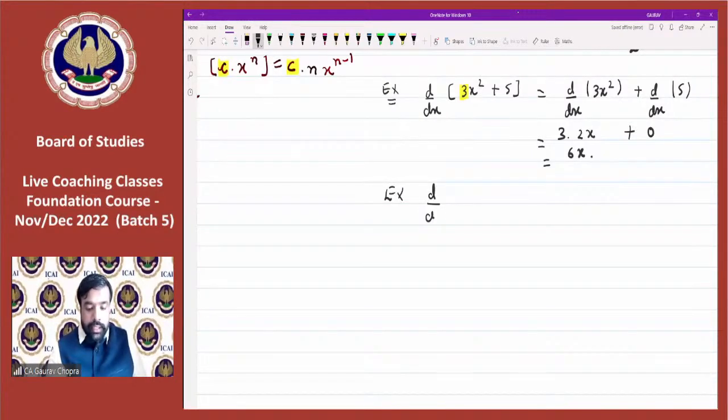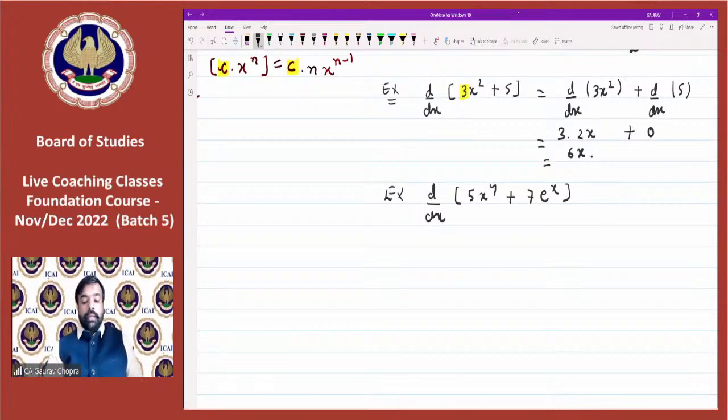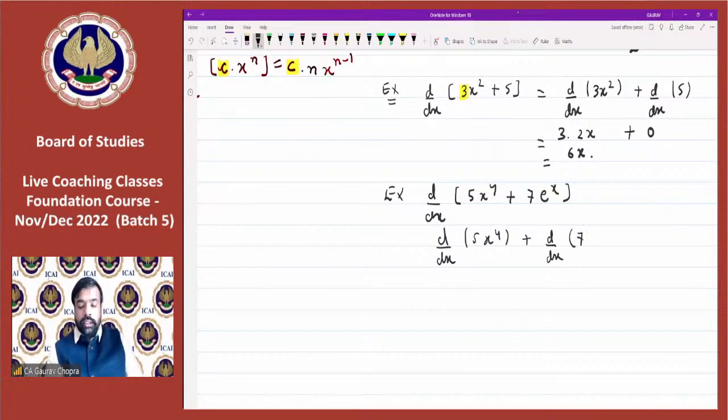d by dx of 5x to the power of 4 plus 7e to the power of x. So again, this time we have to differentiate both of them separately. First let us differentiate 5x to the power of 4, and then we will differentiate 7e to the power of x. Whenever a constant is getting multiplied, this 5 will remain as it is.